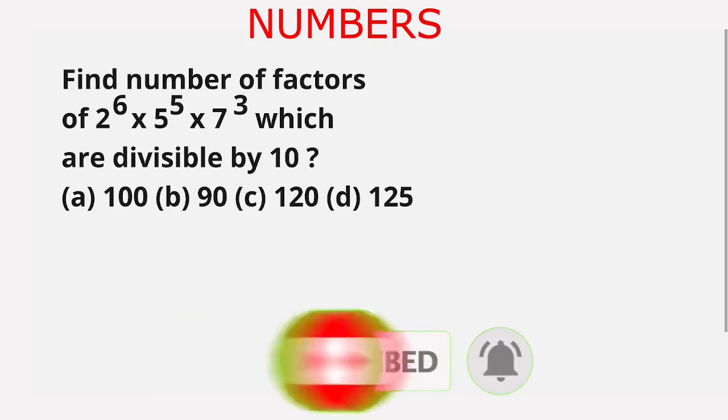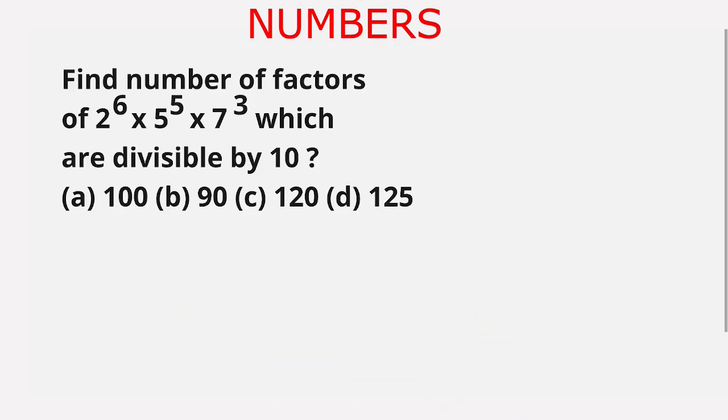We have to take common 10 out of the given number for finding the number of factors which are divisible by 10. And 10 is nothing else but 2 × 5. We have taken out 2 × 5 from 2^6 × 5^5 × 7^3.